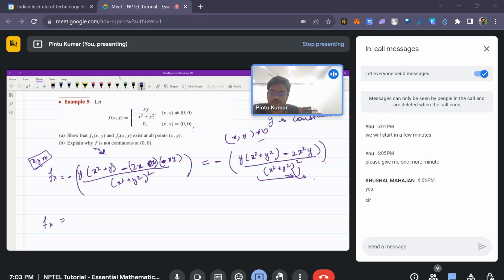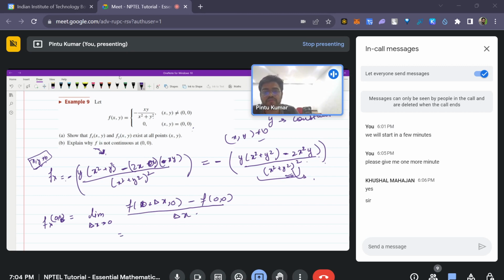Okay, so what is f of x at 0 comma 0? We want to find that. So this would be the limit as delta x tends to 0, just using the definition: f of 0 plus delta x comma 0 minus f of 0 comma 0, divided by delta x, right. So what is f of 0 plus delta x comma 0?